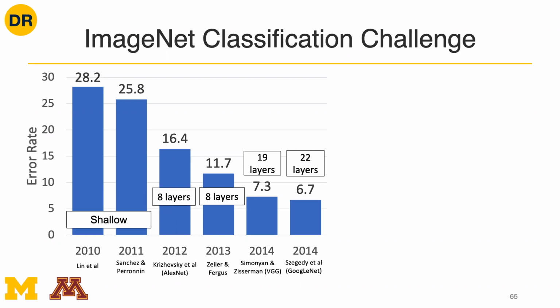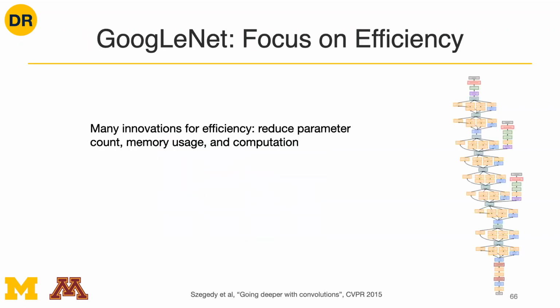The whole point for them was to reduce the number of operations and the memory, but still hold a good accuracy in the ImageNet challenge, because they wanted to deploy it on devices and their clusters. So they wanted to reduce the computation and the memory it was costing them. Okay, so GoogleNet was focusing on efficiency.